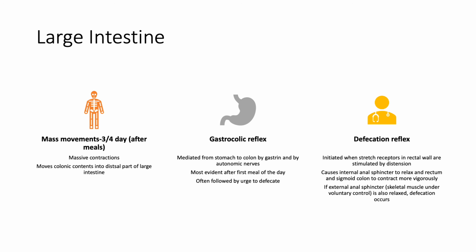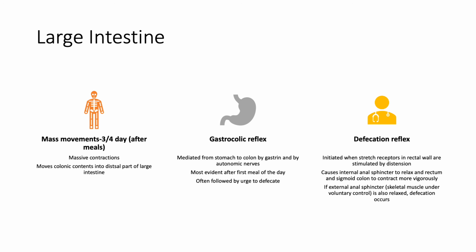Well, this is a product of mass movements, which are how they sound. Essentially, after a meal, so after each time you eat, maybe about 3 or 4 times a day, you experience massive contractions. And this is where you get the ascending and transverse colon to contract simultaneously. And that's going to drive the feces into the distal part of the large intestine where the material is stored until you can defecate.